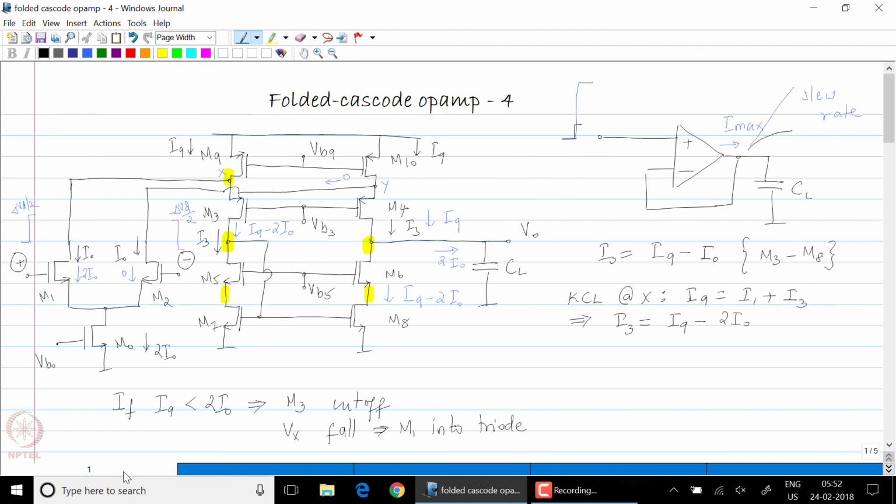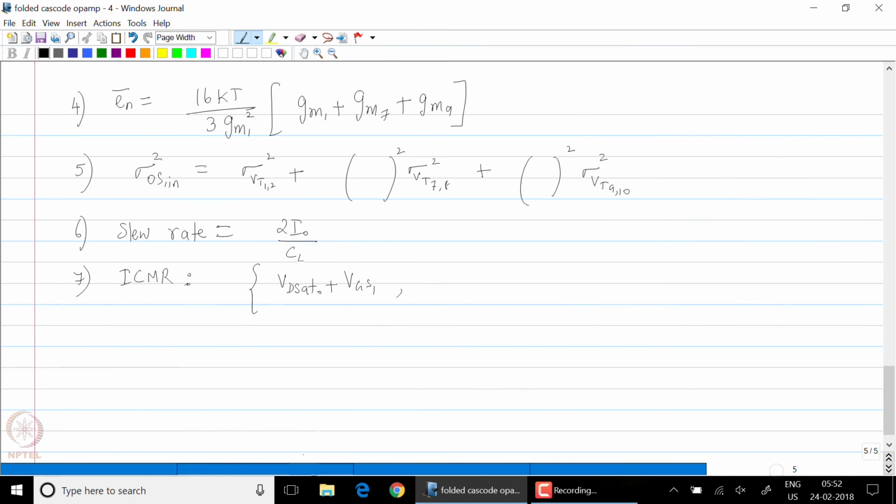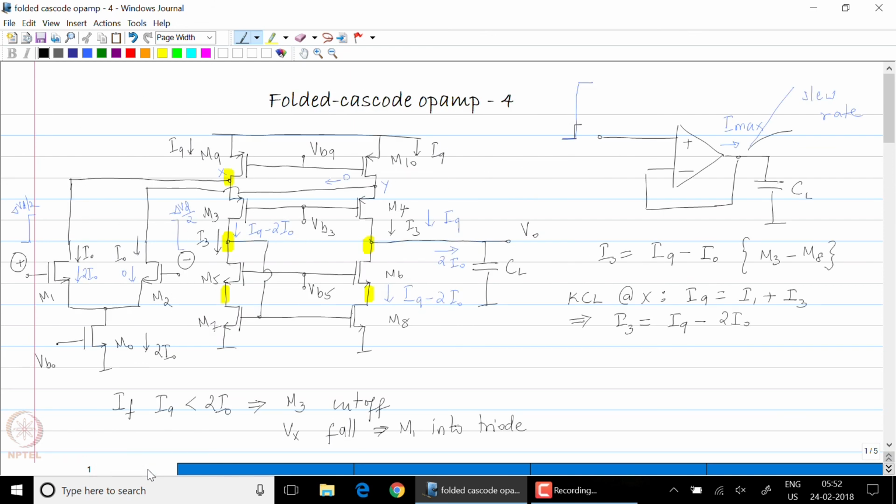And as the input common mode increases, what will happen is that Vx is constant at VB3 plus VSG3, and the input can go one threshold voltage above that particular voltage. So that is nothing but VB3 plus VSG3 plus VT1. So the maximum voltage at the input can be VB3 plus VSG3 plus VT1.